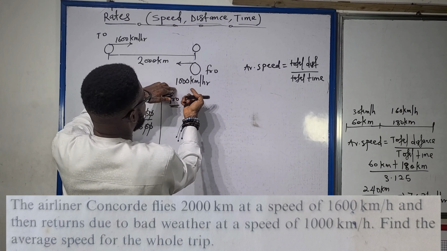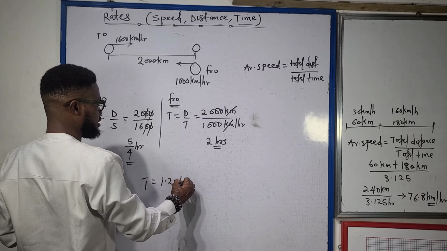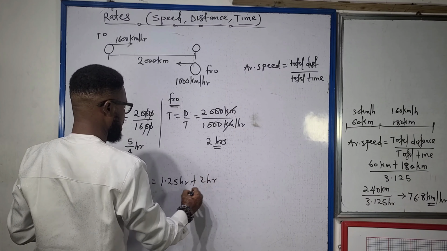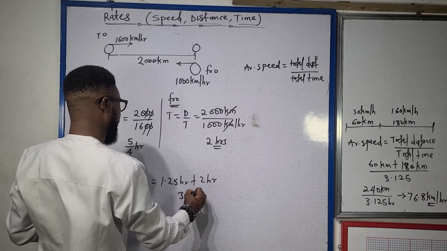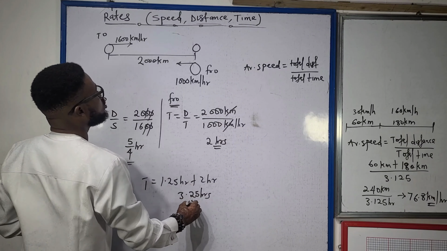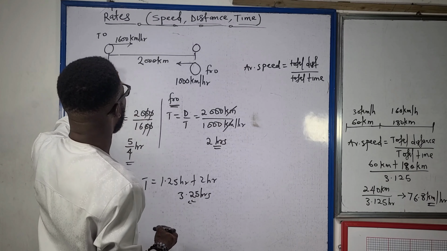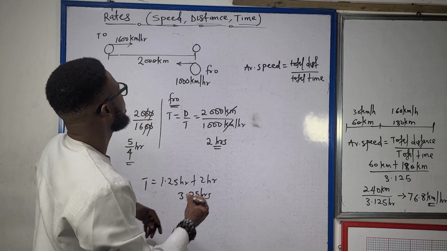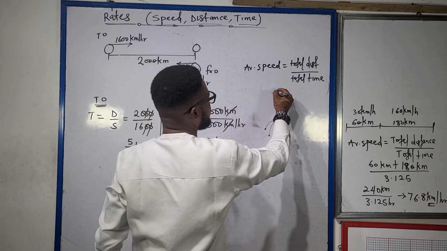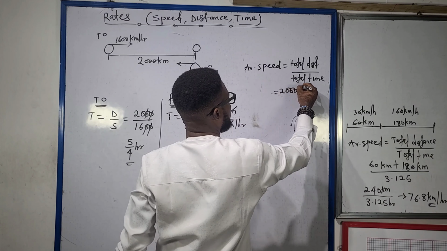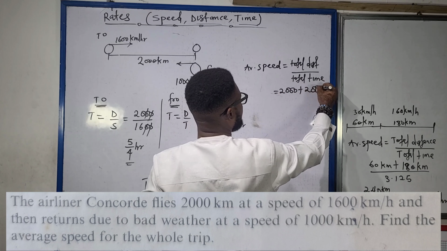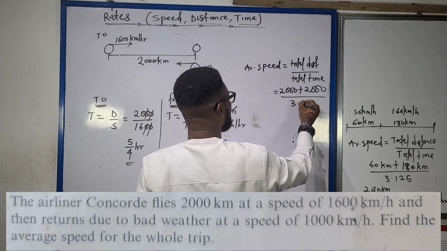So when I talk about my total time, this is 5/4, which is the same as 1.25 hours, plus 2 hours, that's 3.25 hours. So when you look at your average speed, you have traveled 2,000 to and 2,000 through. Your total distance is 2,000 plus 2,000 divided by 3.25.